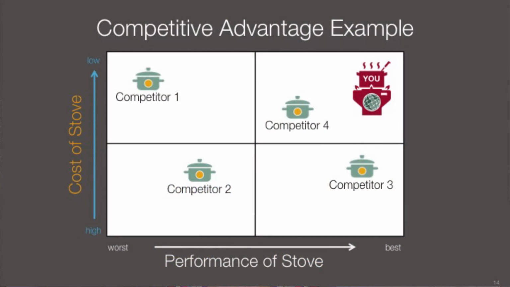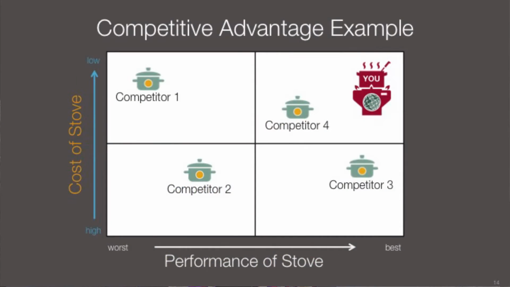Here's one way that you can do that, where you have this graphic that you can use. And here we just have a clean cook stove example. Along the x-axis, we've got the performance of the stove, and the y-axis is the cost. And so here, basically, you as the person putting together your business plan deck, you get to choose what axes you want to compete on.